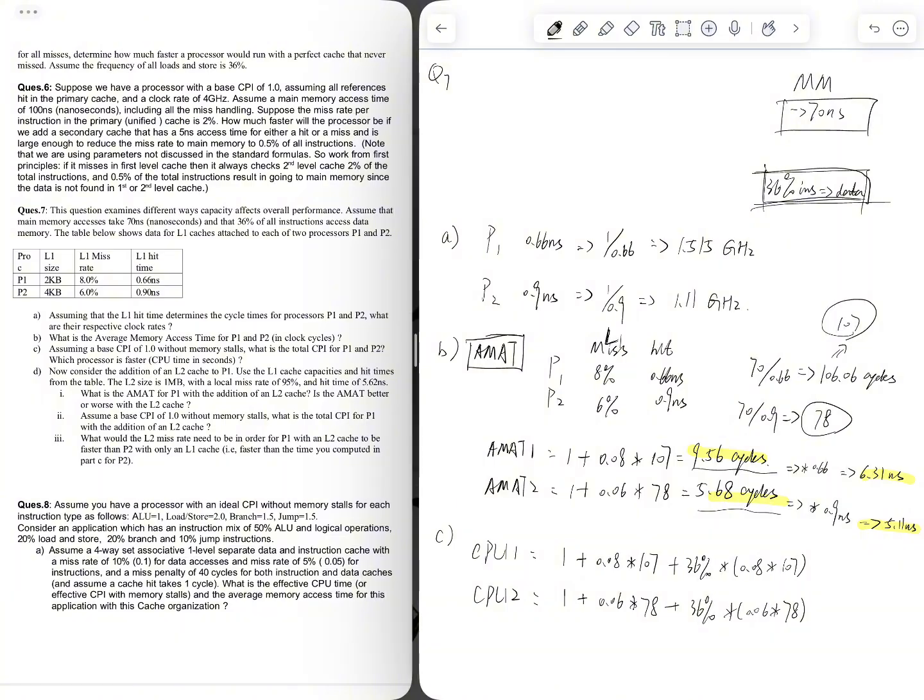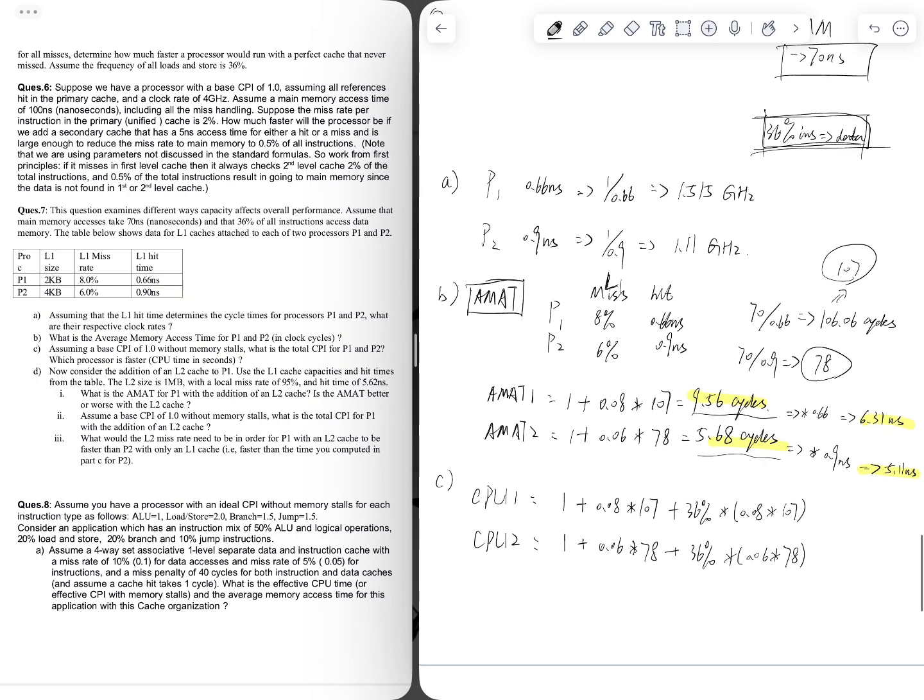So that here is actually what's different from part B. Part B just needs the average memory access time, and for part C we need to calculate the CPU time. We need to think more than in part B. So actually it's just 1 plus 1.36 multiplied by 8% and 107, and 1.36 here is the same, multiplied by 6% and 78.